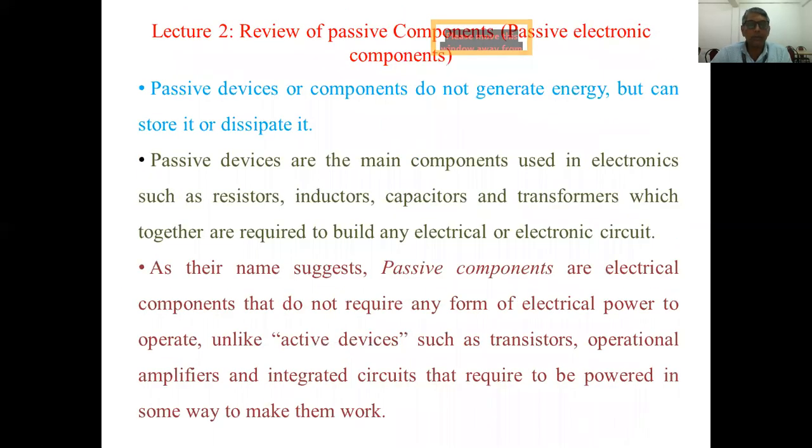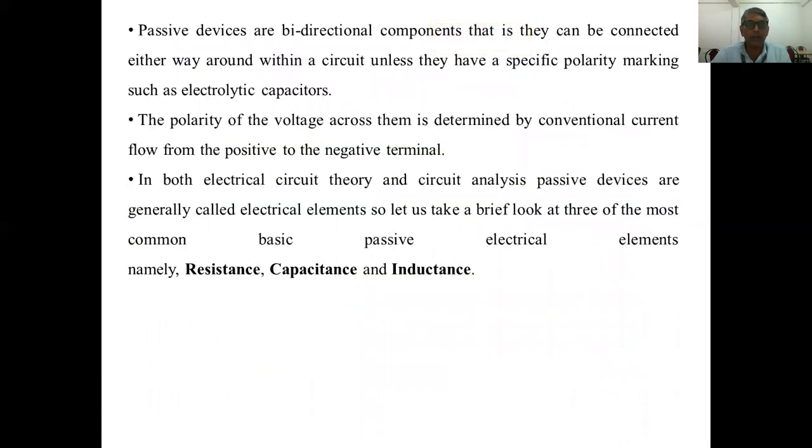Coming to the passive components, the three most important passive components you are going to study in this unit are the resistor, capacitor, and inductor. Probably you have heard about this. The unit of resistance is ohm, the unit of capacitance is farad, and the unit of inductance is Henry.